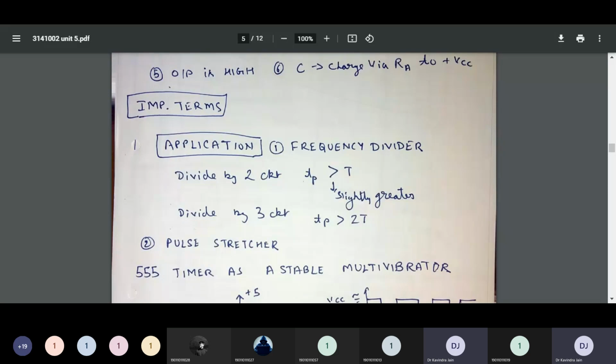It can also be used as an LED flashlight or LED driver circuit because it flashes the light with narrow pulse widths. If we control the pulse width, the glow time of the LED will work as a driver circuit. Okay, so this is known as pulse stretching.